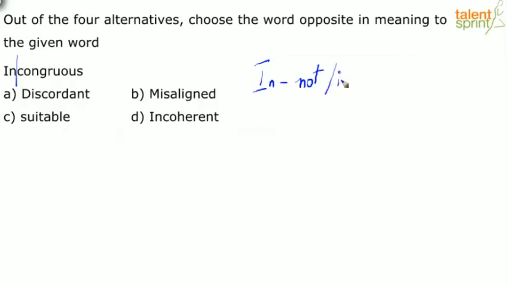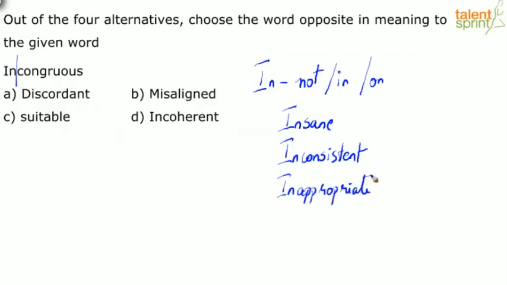It can just mean in or on or not. So think of words. Insane, not sane. Inconsistent, not consistent. Can you think of other words? Incorrect, not correct. Incomplete, not complete. Inappropriate.